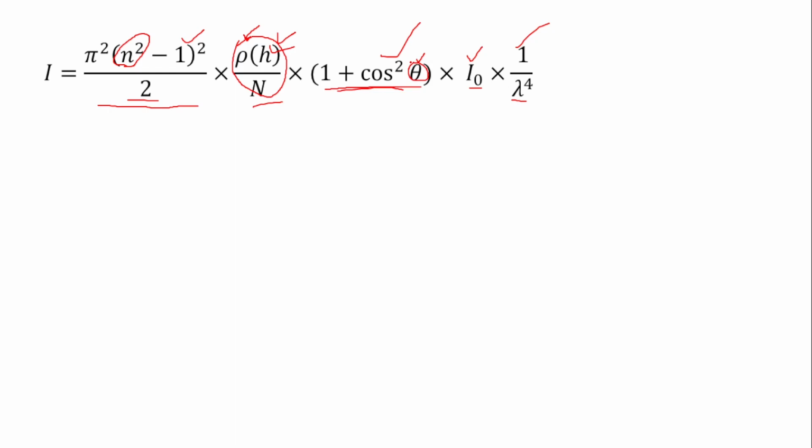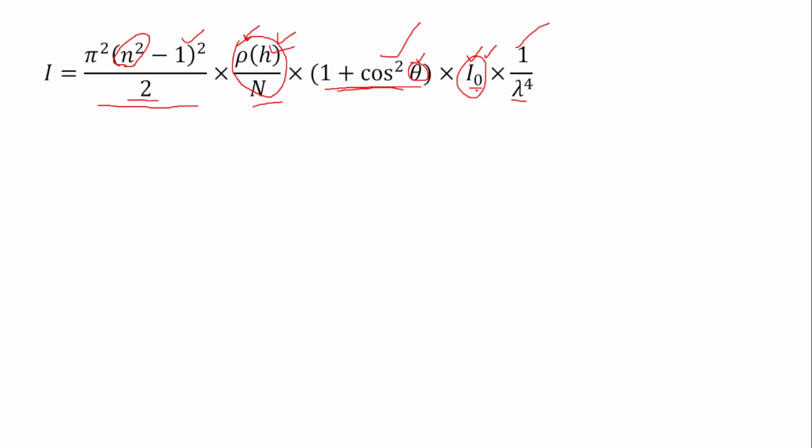Then the last two terms, I naught and lambda. This I naught corresponds to the intensity of a particular color or a particular wavelength above the atmosphere, and this is not same for all the colors. Rather, the value of I naught is different for different colors in the visible spectrum.